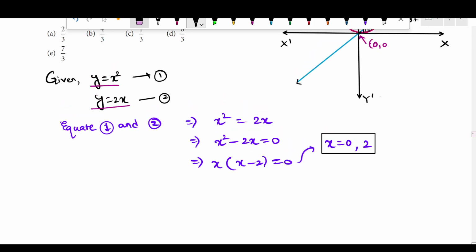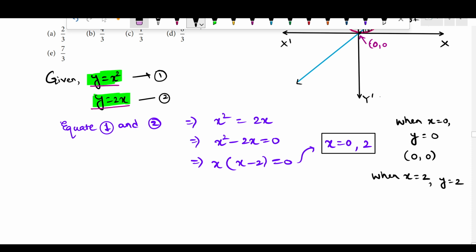Now when x equals 0, y equals 0, so we get the first intersection point as 0, 0. Now when x equals 2, you can put 2 in any of these equations. You can put x equals 2 and you may see that y equals 2.